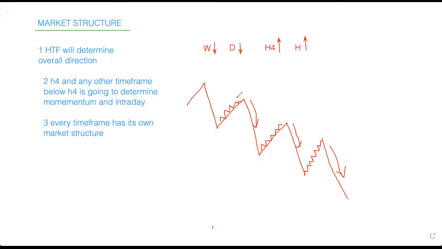Okay. And when we reach these areas of break of structure, we expect H1 to structure first, followed by H4, and then now all our time frames will be aligned. Weekly selling, daily selling, H4 selling, H1 selling.